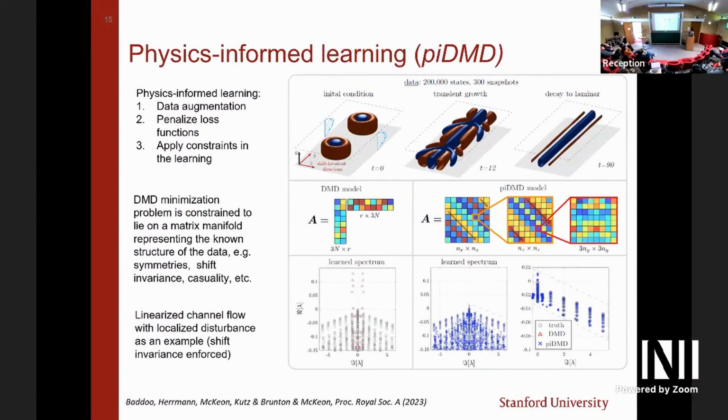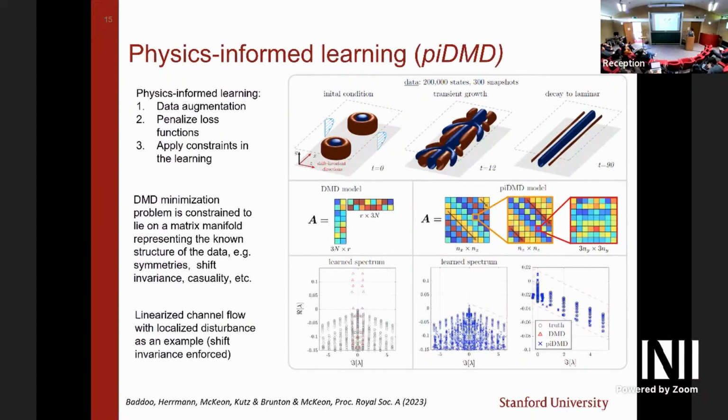We also thought about what were we asking the DMD to do relative to structure that we already knew about in the data. And so again, Peter was able to construct pi DMD, physics-informed dynamic mode decomposition. If you think about ways one might do physics-informed learning, you might think about augmenting the data that you're taking in, putting some loss functions, or else applying constraints actually in the learning.